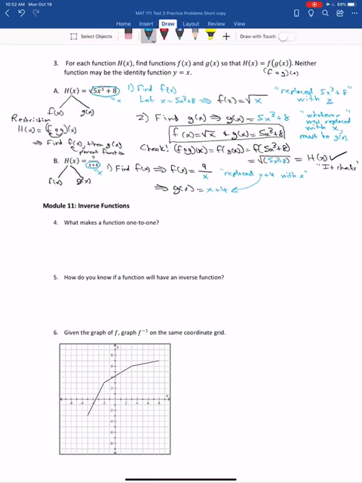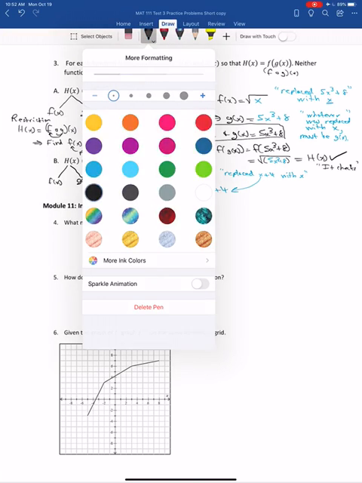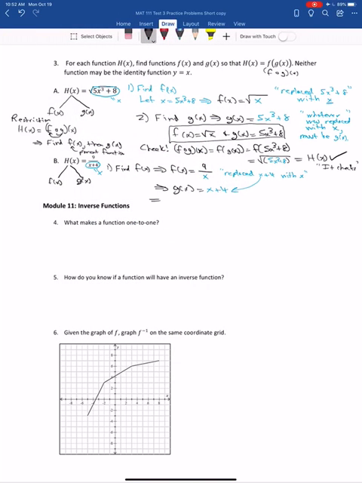So here is my pair of functions. I've got my decomposition. My answer: f of x is equal to 9 over x, and g of x is equal to x plus 4. So I found my pair of functions whose composition would give me h back.